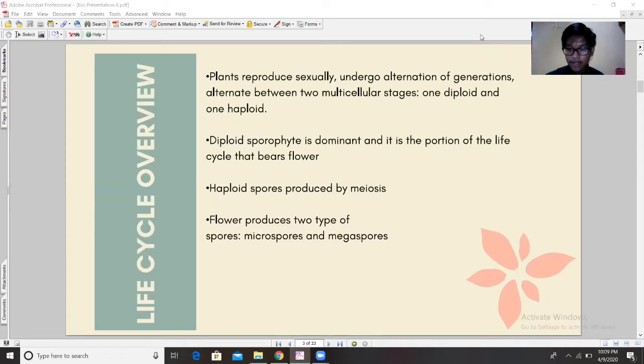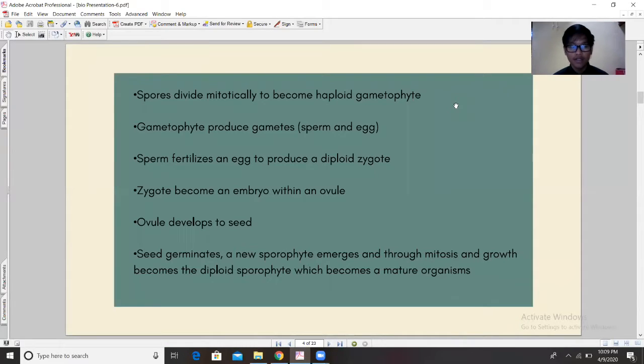Okay, next slide. The spores will divide mitotically to become haploid gametophytes. The haploid microspore undergoes mitosis and becomes a pollen grain. The pollen grain is the male gametophyte, and it is either wind-blown or carried by an animal to the surroundings of the female gametophyte.